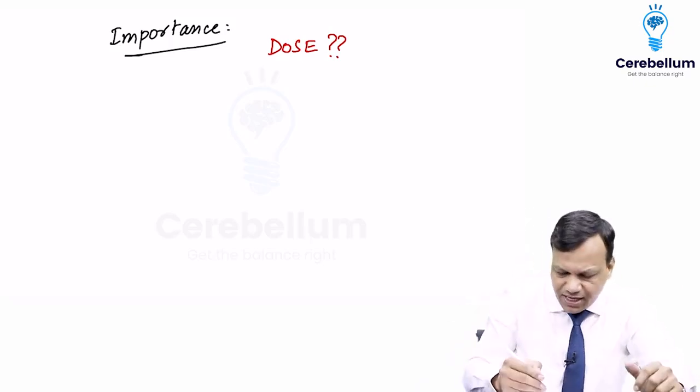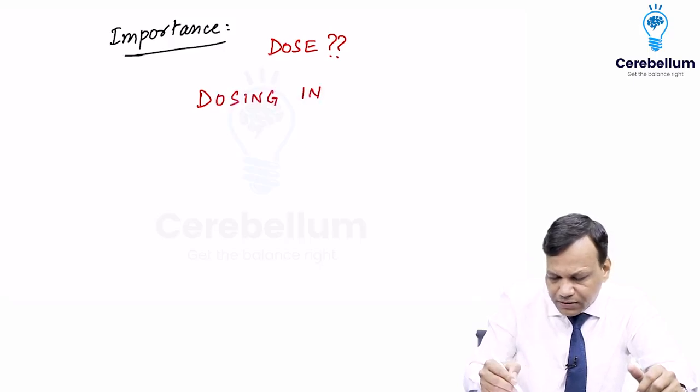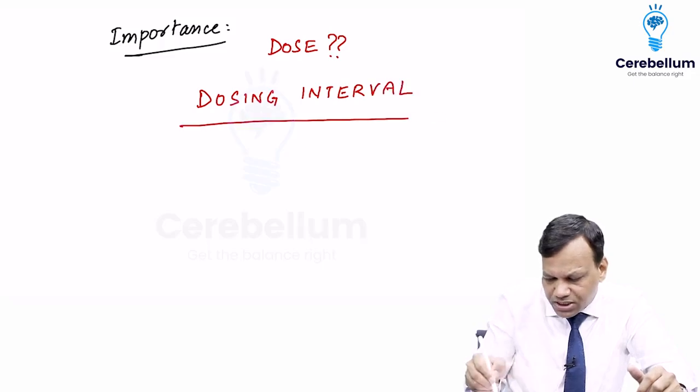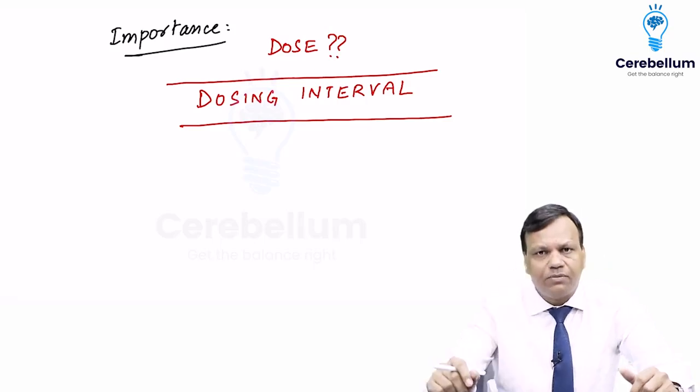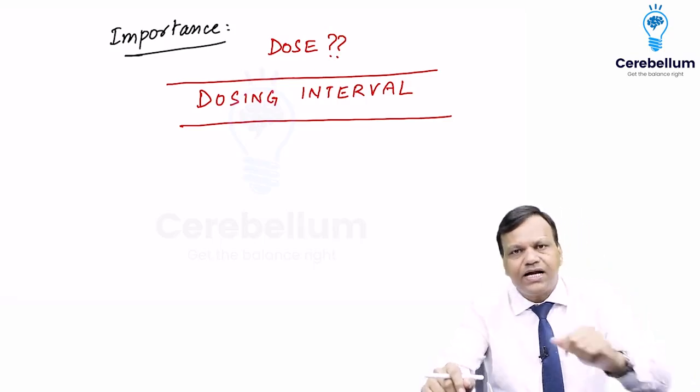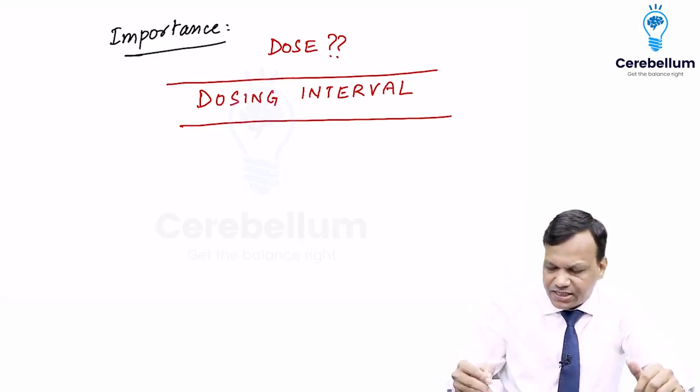Then what does half-life tell? It tells the dosing interval. Half-life does not tell about dose, but it tells about dosing interval. So half-life cannot tell that we need to give 10 milligram or 100 milligram, but it can tell that we need to give twice a day or thrice a day or 4 times a day. Okay, so half-life tells the dosing interval.